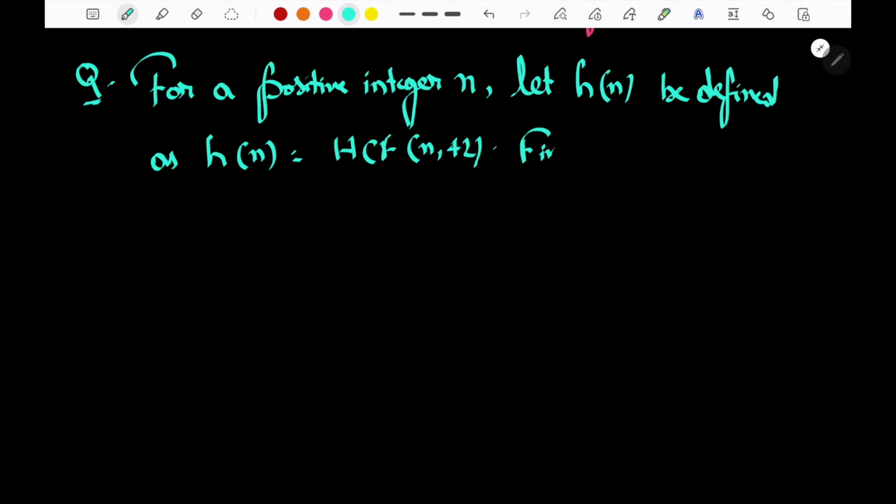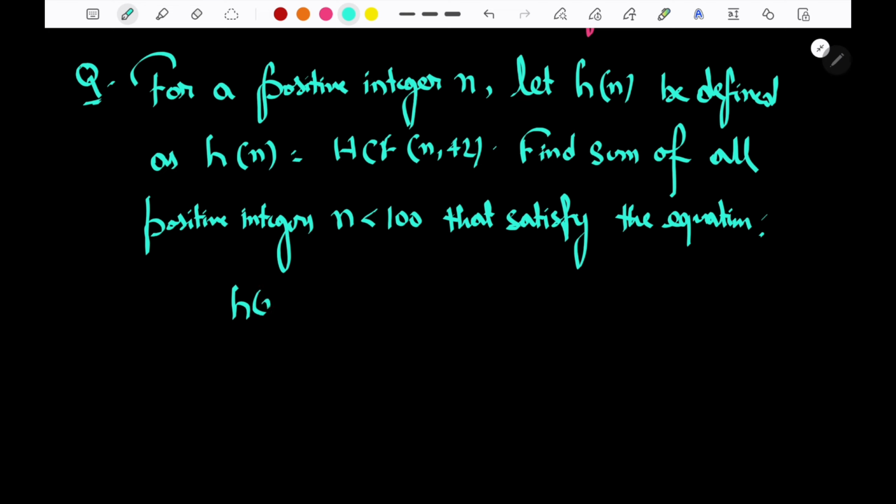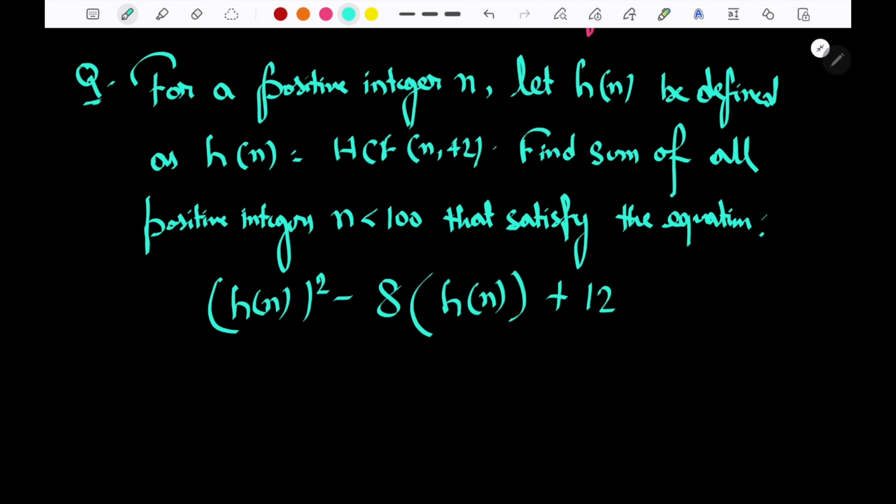Find the sum of all positive integers n less than 100 that satisfy the equation h of n whole squared minus 8 h of n plus 12 is equal to 0. Now this is the condition.